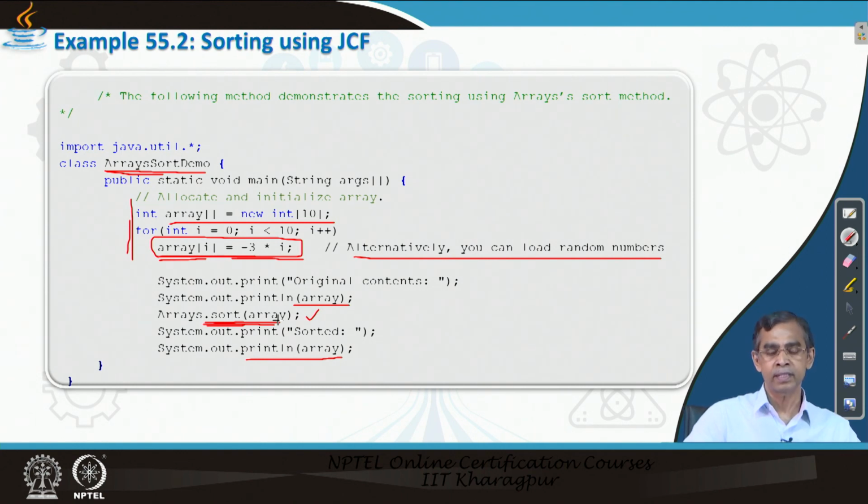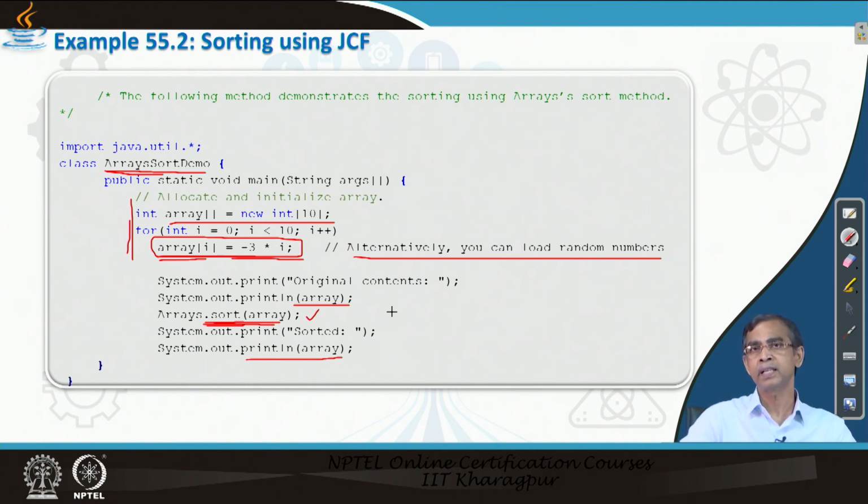Another point is that different collections do not require any sorting explicitly defined, because some of them already maintain the collection in a sorted fashion. For example, ArrayList also you can make store the elements in a sorted fashion, or LinkedList, or even a sorted tree, or a sorted hash map, they automatically store the elements in sorted order.